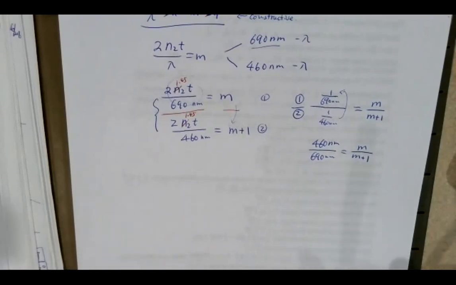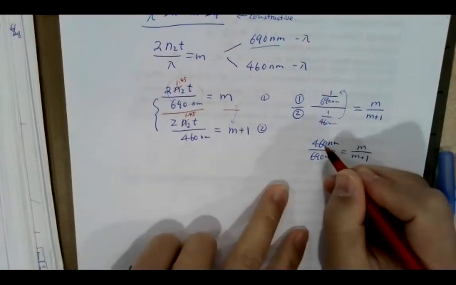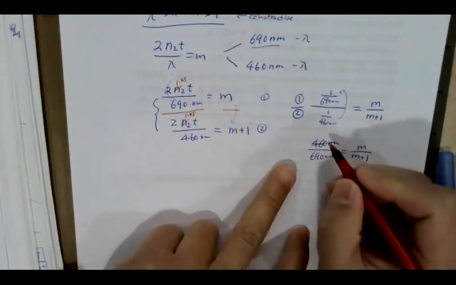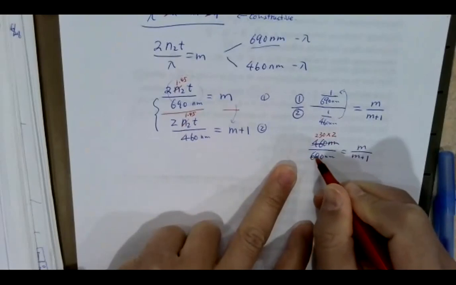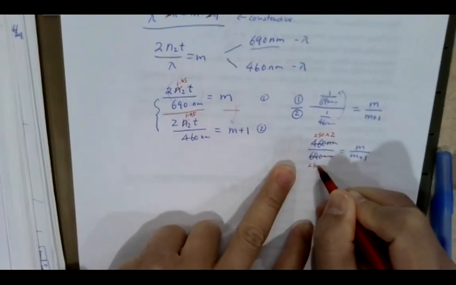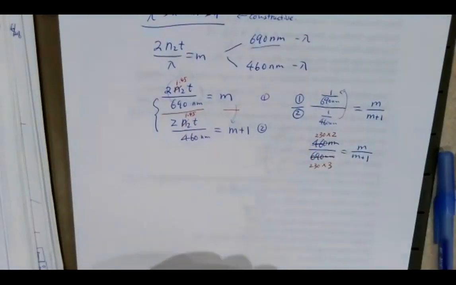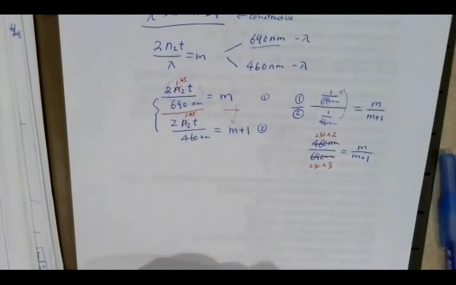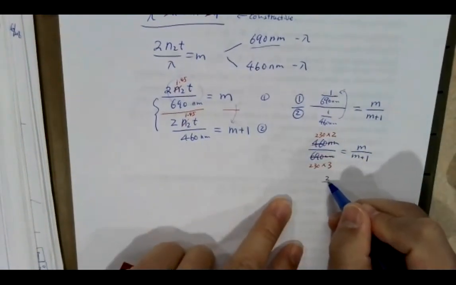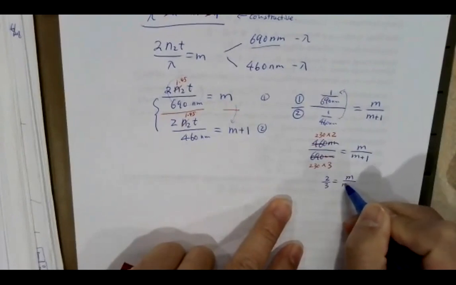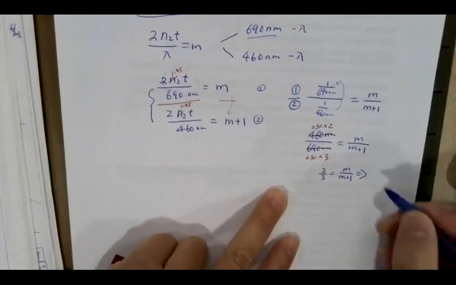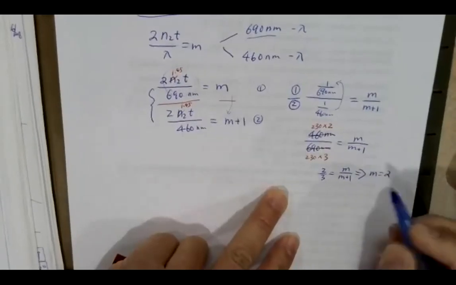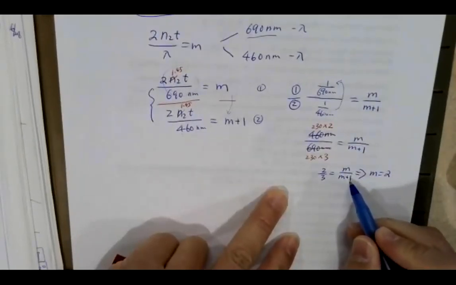If we look carefully, this is 230 multiplied by 2, and this is 230 multiplied by 3. So 2 over 3 is equal to m over m plus 1. Then you can see that m will be equal to 2, and this is 3.